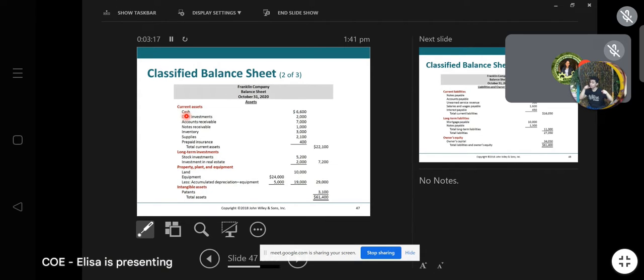Later on we will look at the definition of liquidity. Accounts receivable is listed ahead of inventory because for inventory, you still have to sell it before it can become accounts receivable that you can collect. So your asset, inventory, will take a longer period of time to convert to cash.